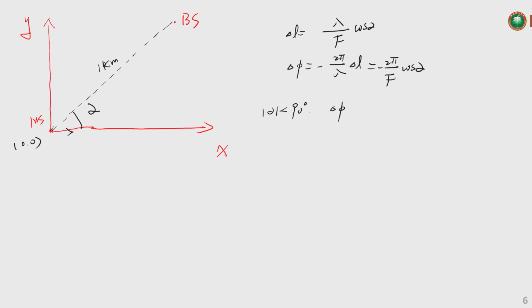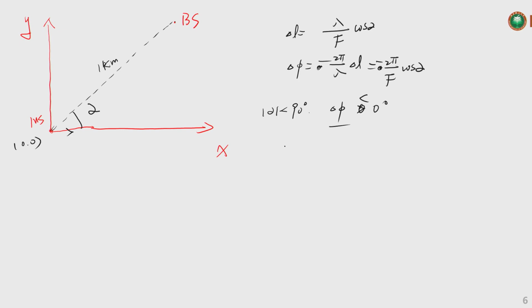Alpha is positive, so delta phi should be smaller than 0, yeah.